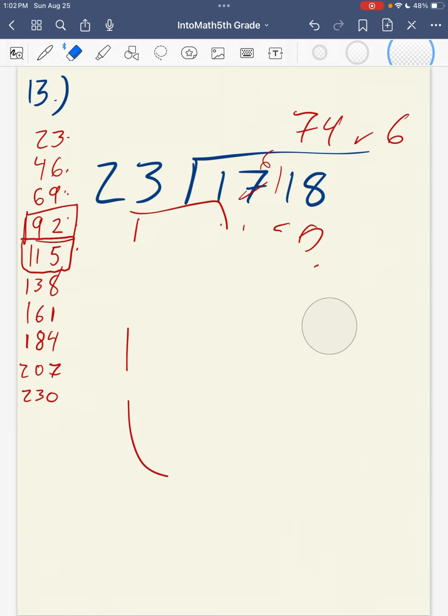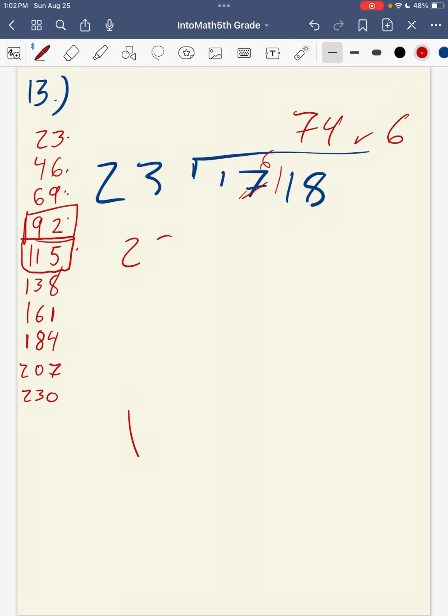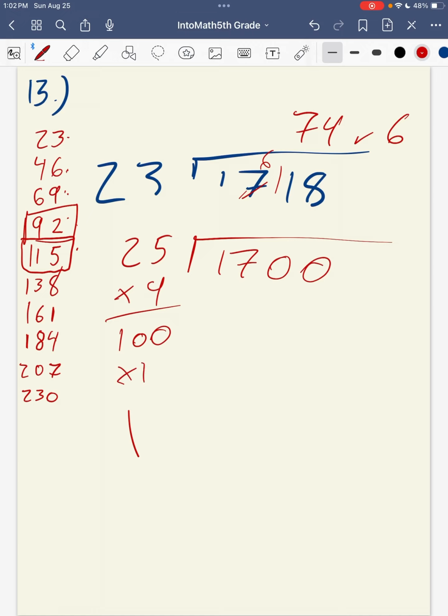All right, let's double check this. Let's use some comparable numbers, see if this is reasonable for what we got. Round this to 25, and that to 1,700. 25 times 4 equals 100, times 17. 4 times 17. 4 times 7 is 28. 4 times 1, 4 plus 2, 68.